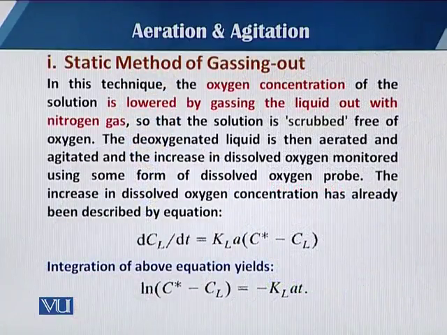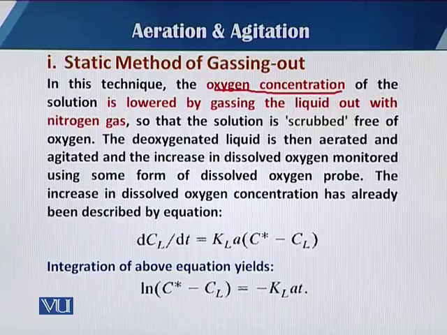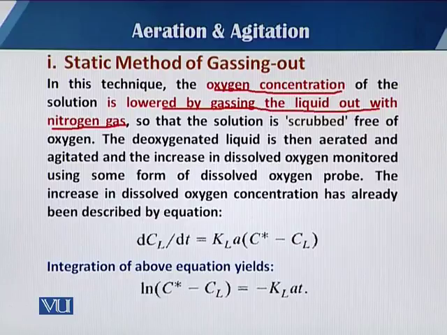One is static. In the static method of gassing out, the oxygen concentration is lowered by gassing the liquid with another gas. Mostly nitrogen gas is used. The whole medium has to be sparged with nitrogen gas, by which the oxygen in the medium is replaced by nitrogen gas, so the solution is scrubbed free from oxygen.